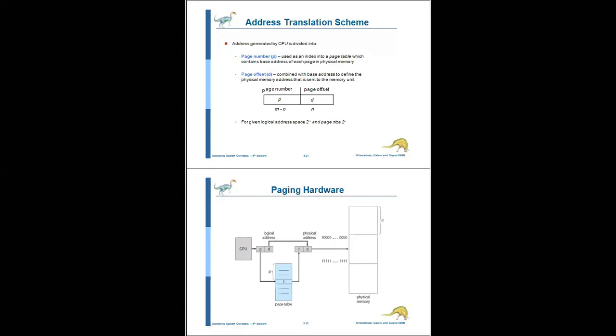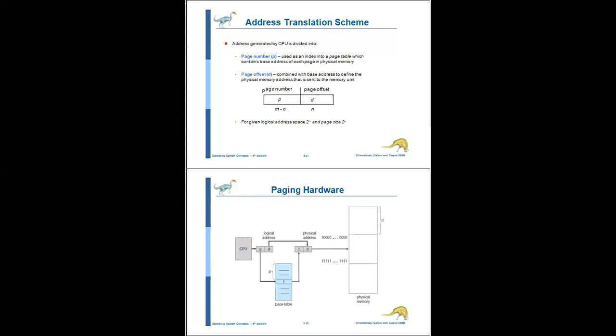The logical address is page number plus offset, where P is the page number and D is the offset. Whereas the physical address is frame number plus offset, where F is the frame number and D is the offset.